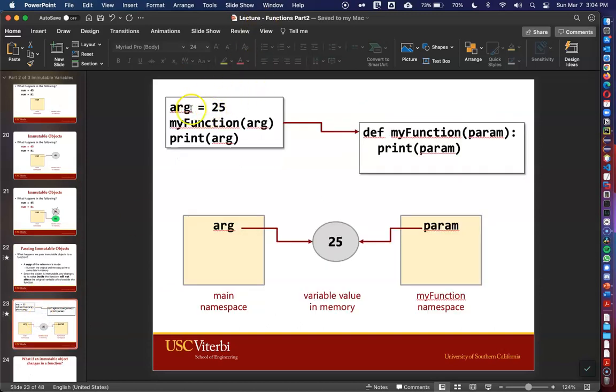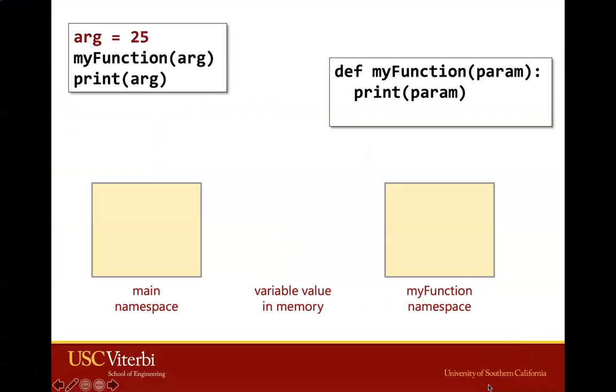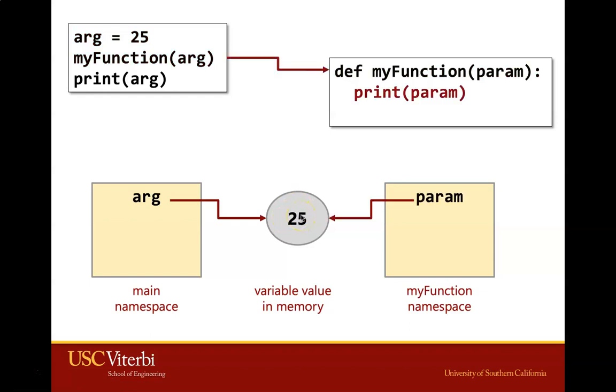If I have some code where I have some argument equal to the value 25, that's this part here. Let me jump into slideshow view here. All right, so this is that part. We have our argument pointing to some value 25. Then we are going to call my function here, passing in this argument, and this is why it's called passing.